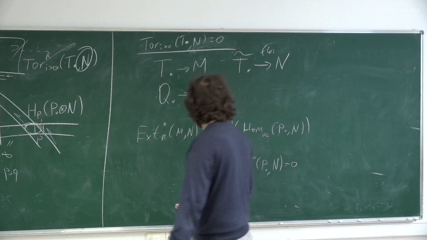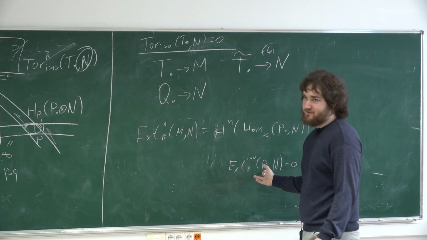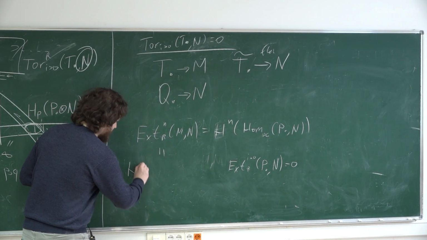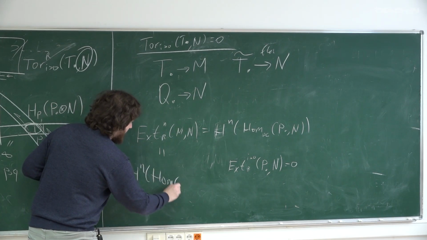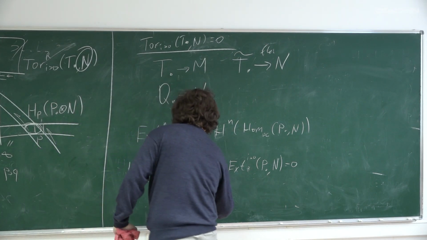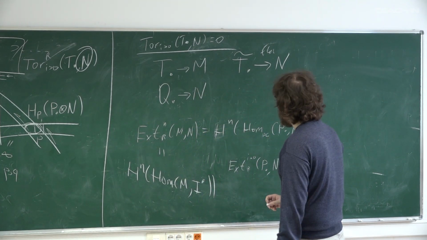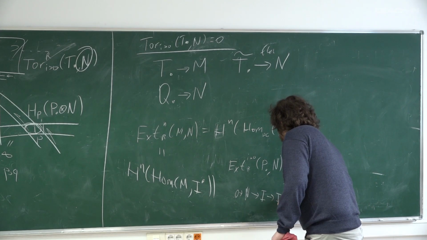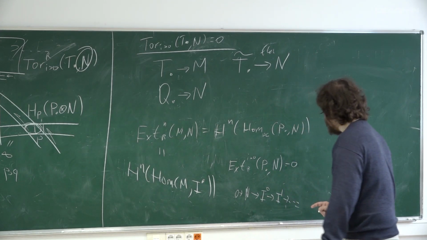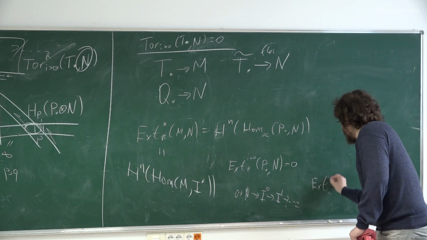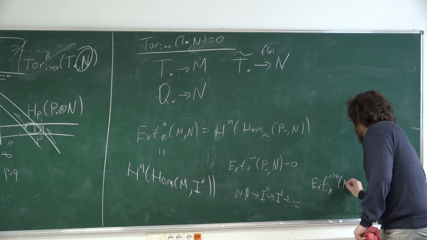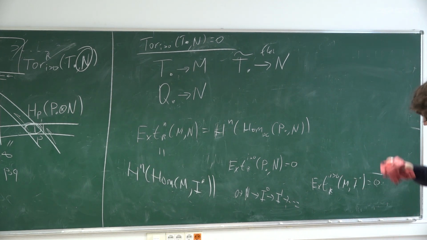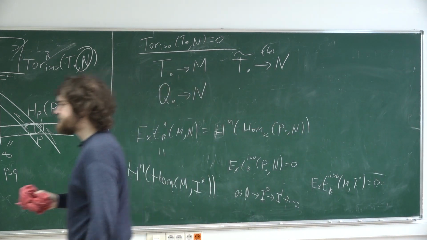For example, if it's a projective resolution, or it's the cohomology of Hom from M to some resolution of N, a resolution of this form, such that all higher Ext between M and I_0 vanish. By the same argument.